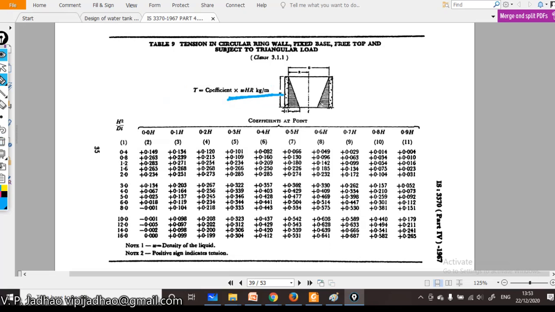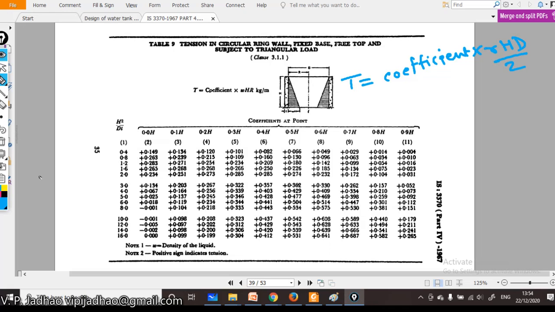You have to keep in mind this formula is given in kg per meter. We have to convert this into kilonewton per meter. So this particular hoop tension is given by T is equal to coefficient multiplied by gamma HD divided by 2.